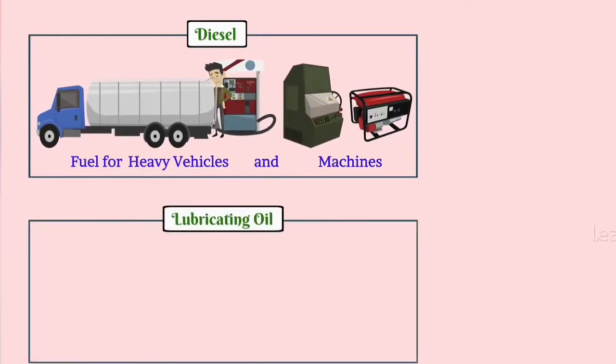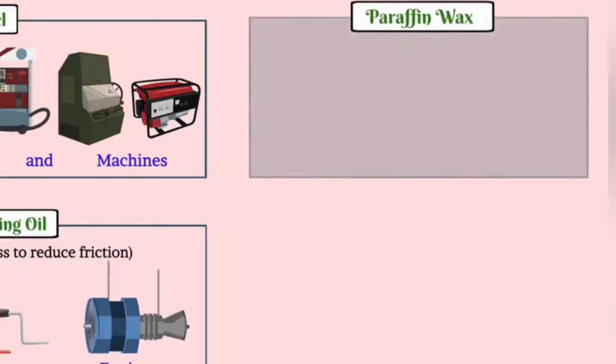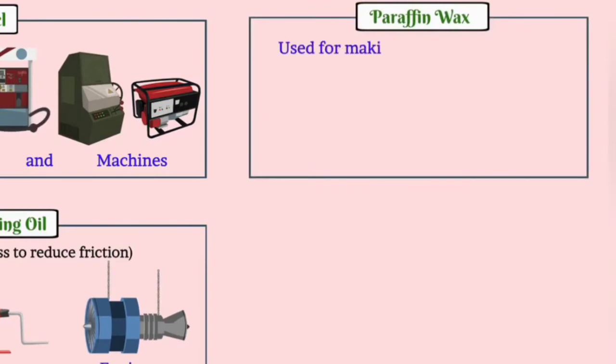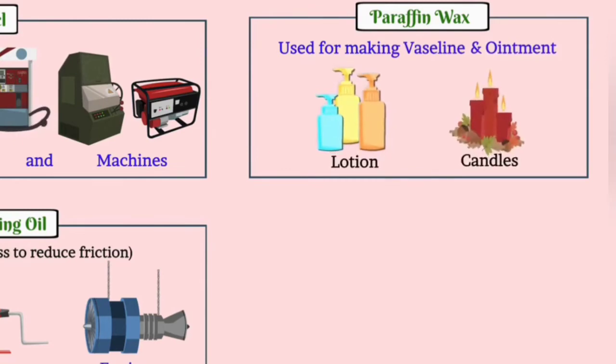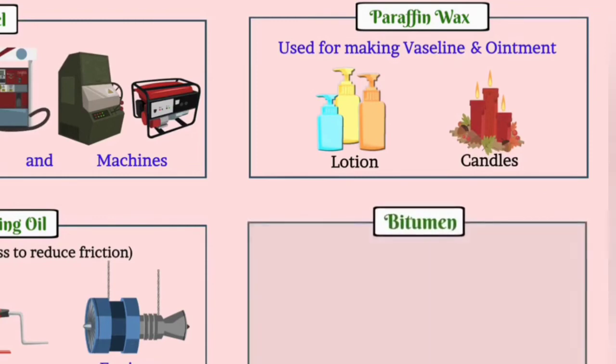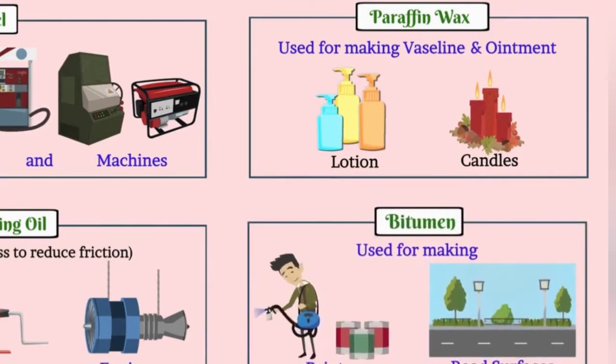Lubricating oil is used for lubrication of machine parts, engines, etc. Paraffin wax is used for making Vaseline, ointment, lotion, candles, etc. Bitumen is used for making paints and road surfaces.